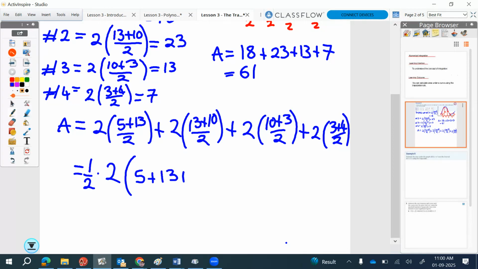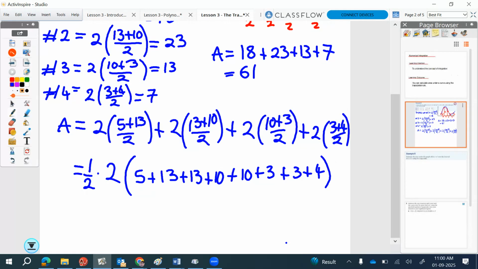5 plus 13 plus 13 plus 10 plus 10 plus 10 plus 3 plus 3 plus 3 plus 3 plus 4. Is there any repetition in that? The 10, the 3, and the 13.